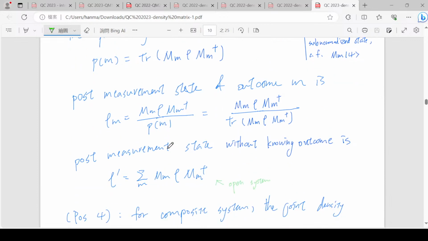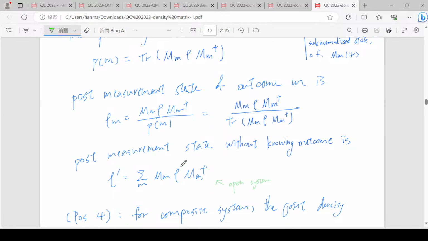But there is something interesting that we couldn't quite describe before. You can imagine you do a measurement and forget the measurement outcome, and you can still describe that case: your rho becomes rho prime equal to the summation over m of M rho M dagger.